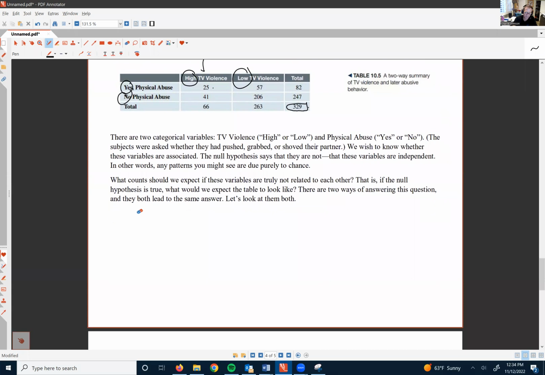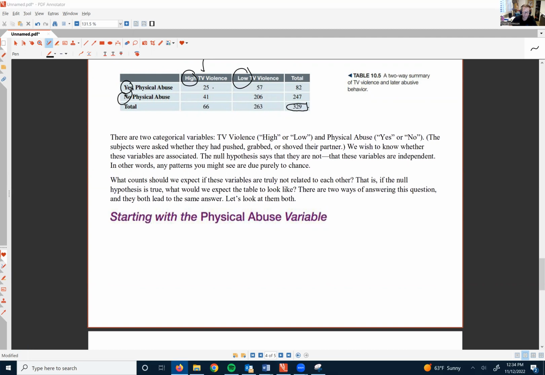The first one is going to be starting with the physical abuse variable. And the second one is going to be looking at the TV violence variable. And again, we'll see that we obtain the same results.